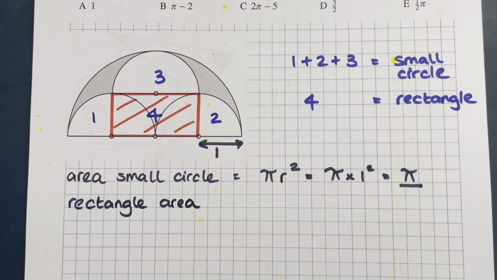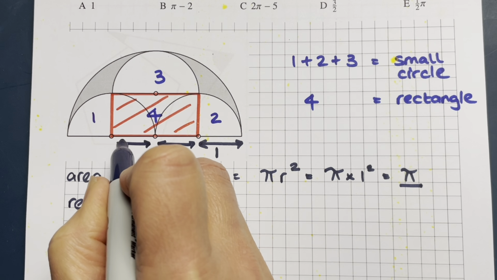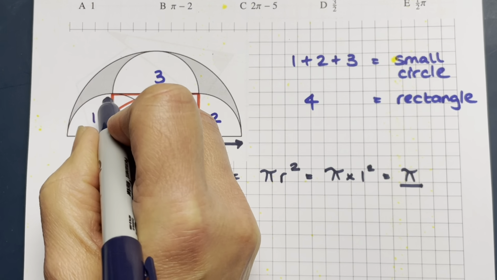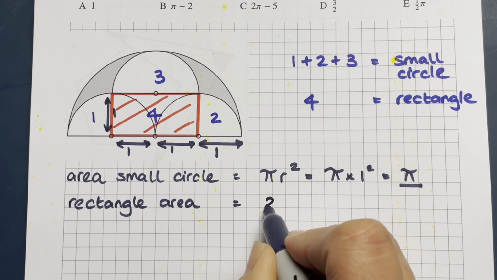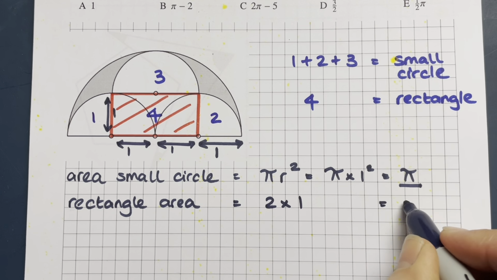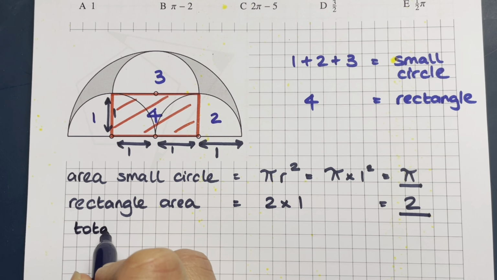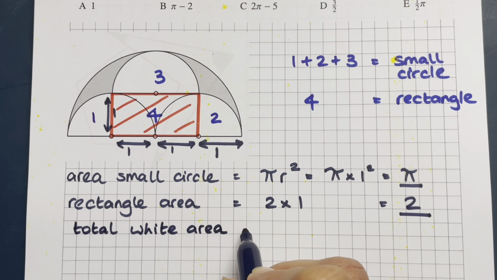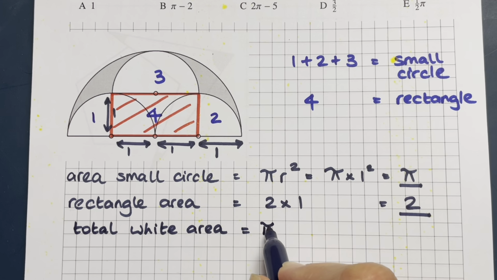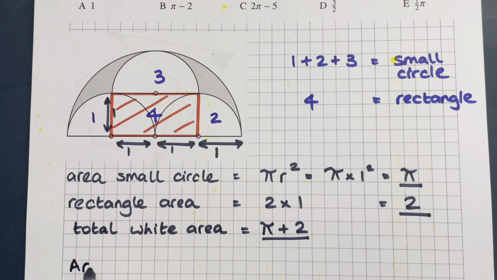So the area of my rectangle, well, all those dimensions there are going to be 1. So the area of my rectangle is going to be 2 multiplied by 1, which is 2. So the total of the white area is pi plus 2.